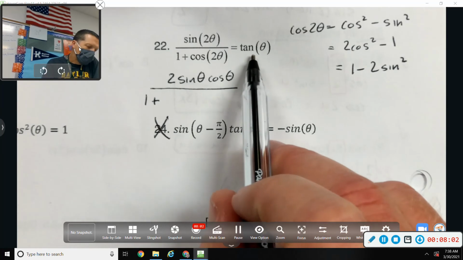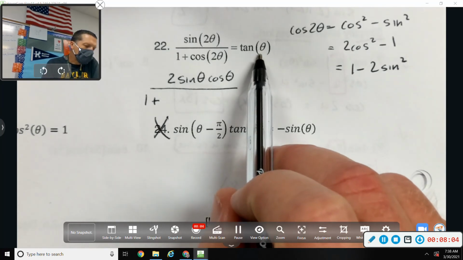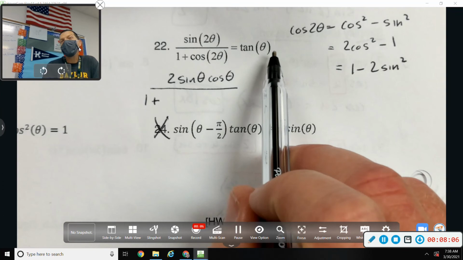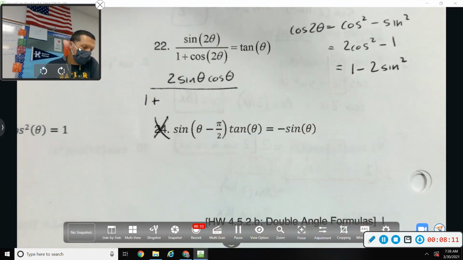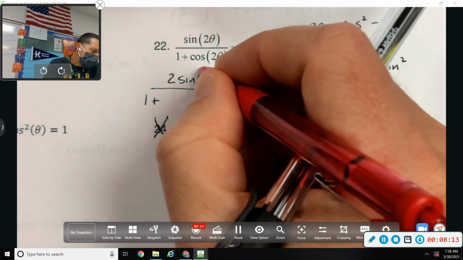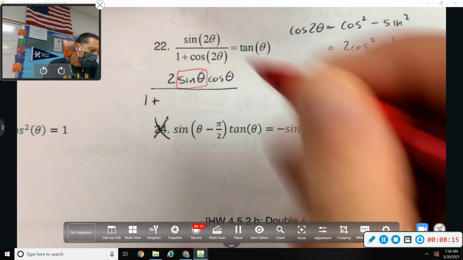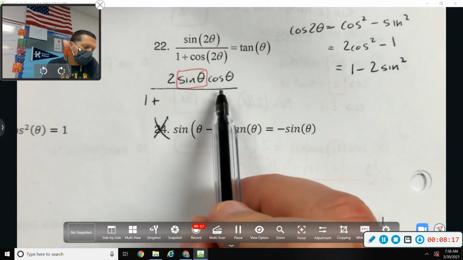Let's see. Okay, I'm not allowed to work on the right, but that doesn't mean I'm not allowed to think about the right-hand side. Tangent is sine over cosine, so I'm thinking I would like to be left with sine in the top, and I would love for the cosine to cancel out.